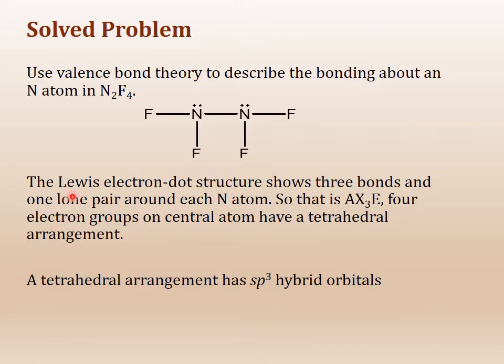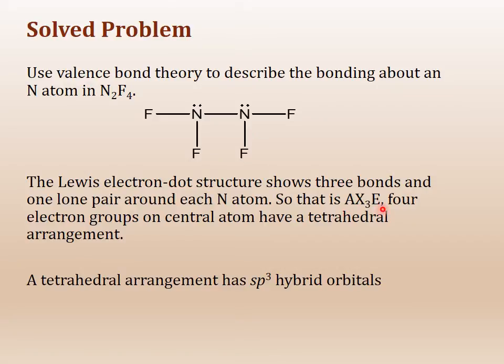Let's look at a solved problem for now. If you have this structure given to you and you're asked to figure out the valence bond theory around here, which means what is the hybridization on this one, the best thing to do is figure out the electron geometry. The way I work it is the AXE formula, where A is the central atom, X is the number of terminal atoms, and E is the lone pairs of electrons that you have.